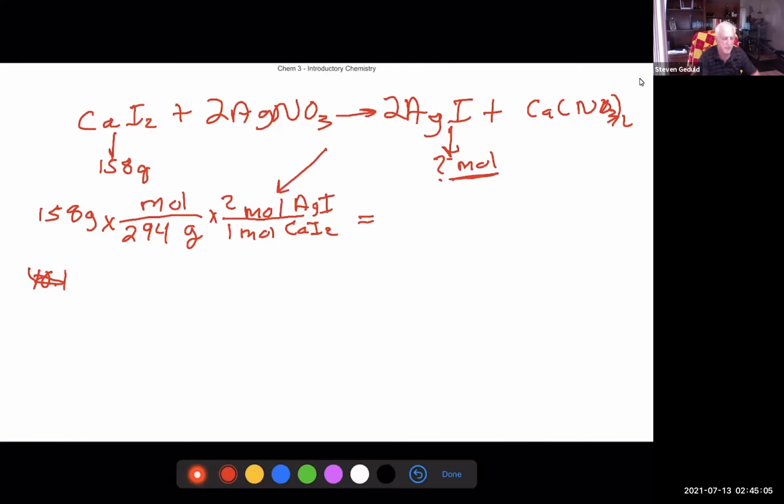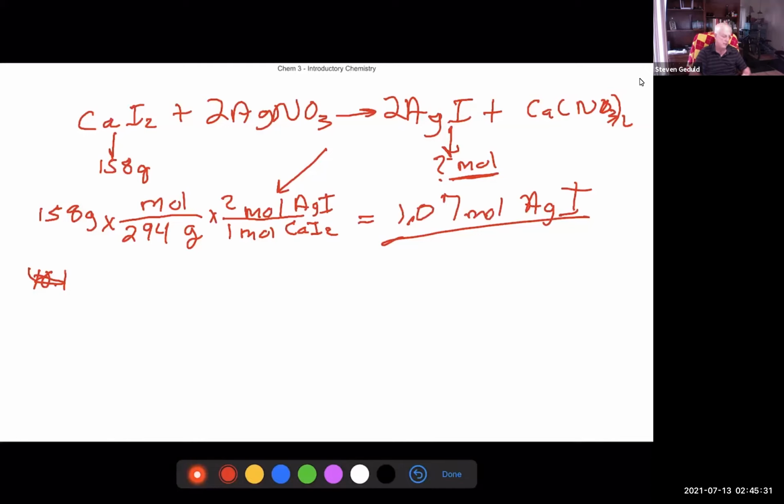All right. So we take 158 divided by 294 times 2 equals 1.07 moles of silver iodide.